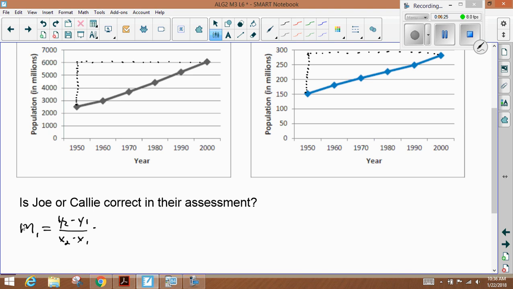So in this case, y2 is 6,000 minus y1, about 2,500.